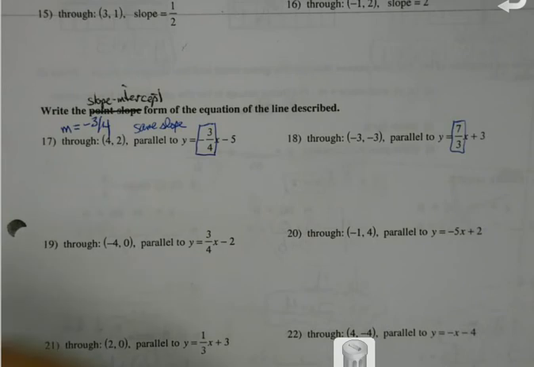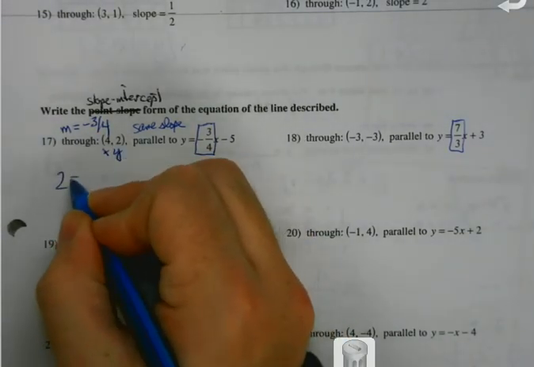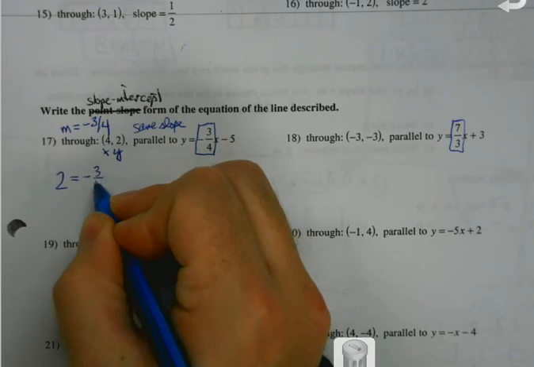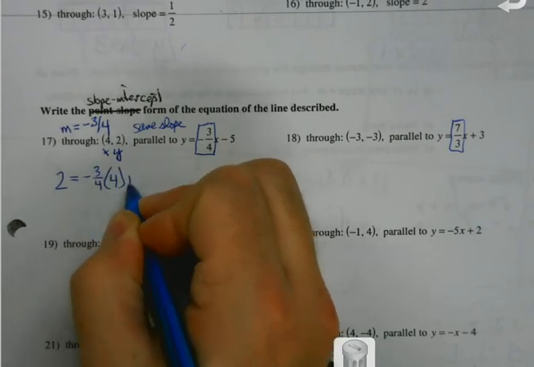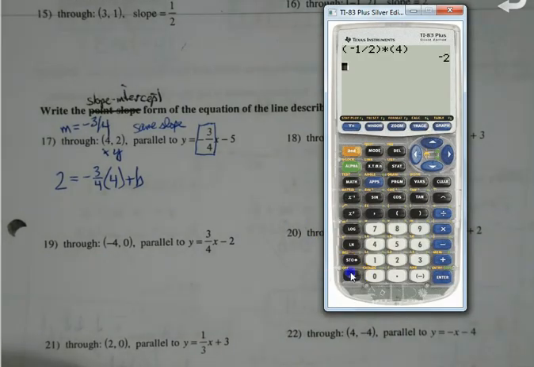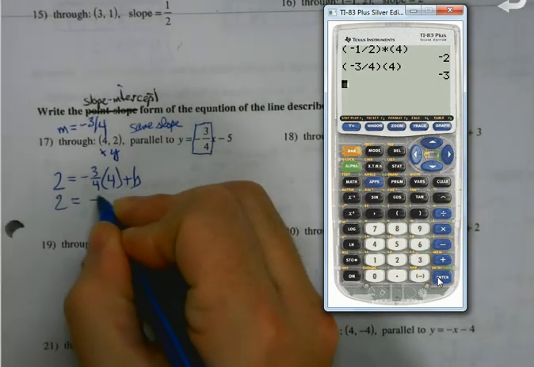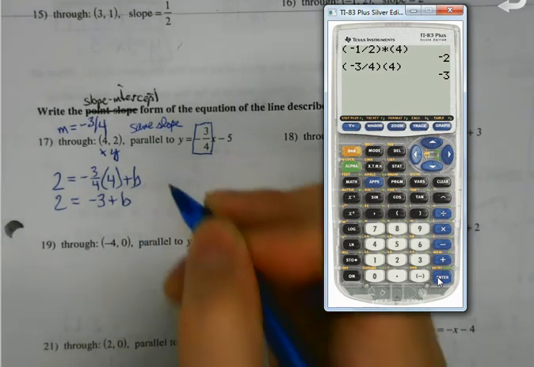And then I'm going to do the same thing. So here's my x and my y. So y equals mx plus b. And again, if you're not a big fan of fractions, no problem. -3/4 times 4. Okay, just like Mr. Slope Guy helps us with some things, we're going to let the calculator help us with some others. So 2 equals -3 plus b.